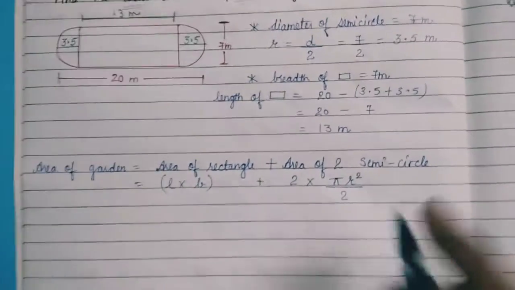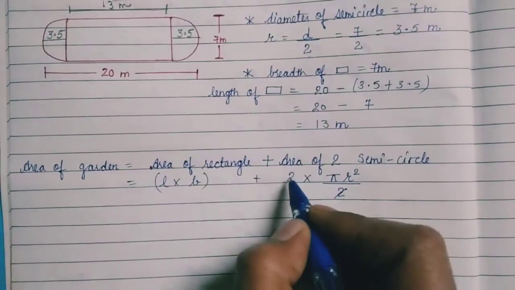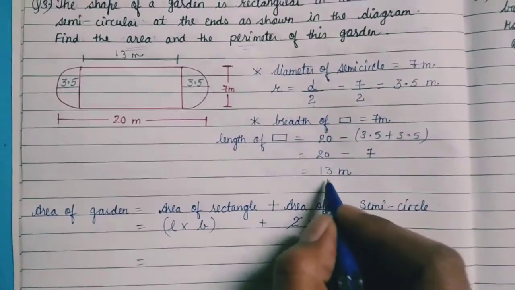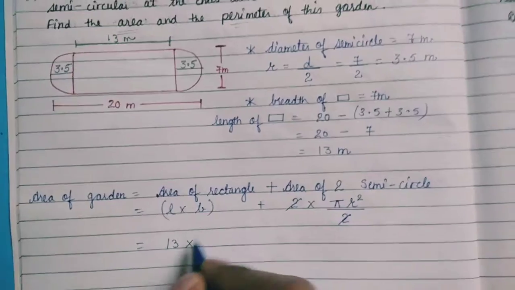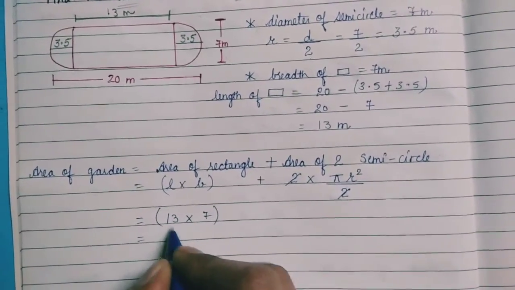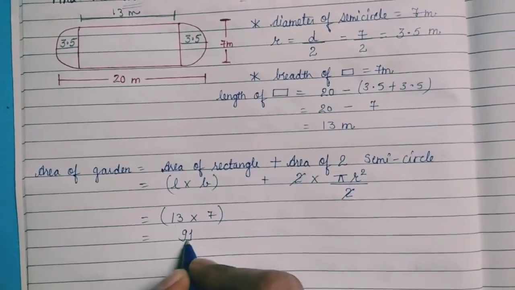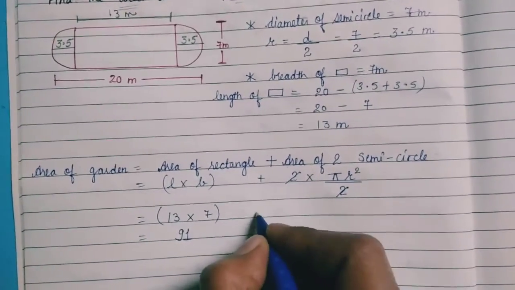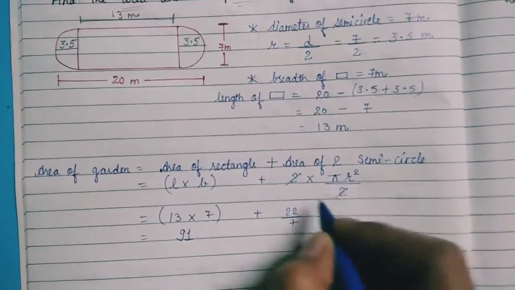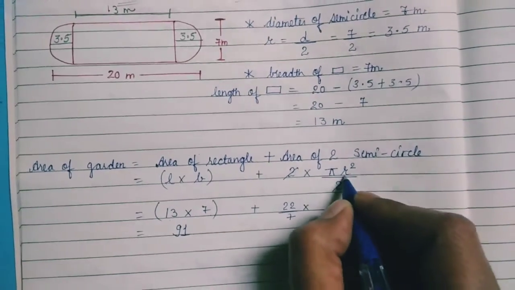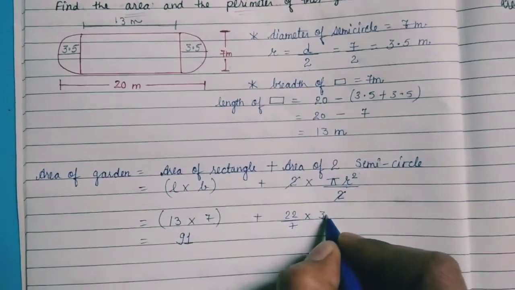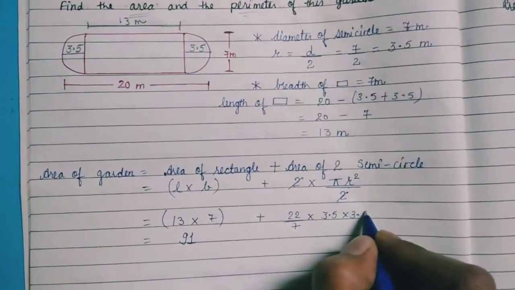From the denominator 2 will cut the numerator 2, and we see the length of the rectangle is 13 and its breadth is 7. So when we multiply 13 by 7, it will give us 91. And here the value of pi is 22 by 7, and it will multiply by r square. We can also write in place of r square 3.5 two times.